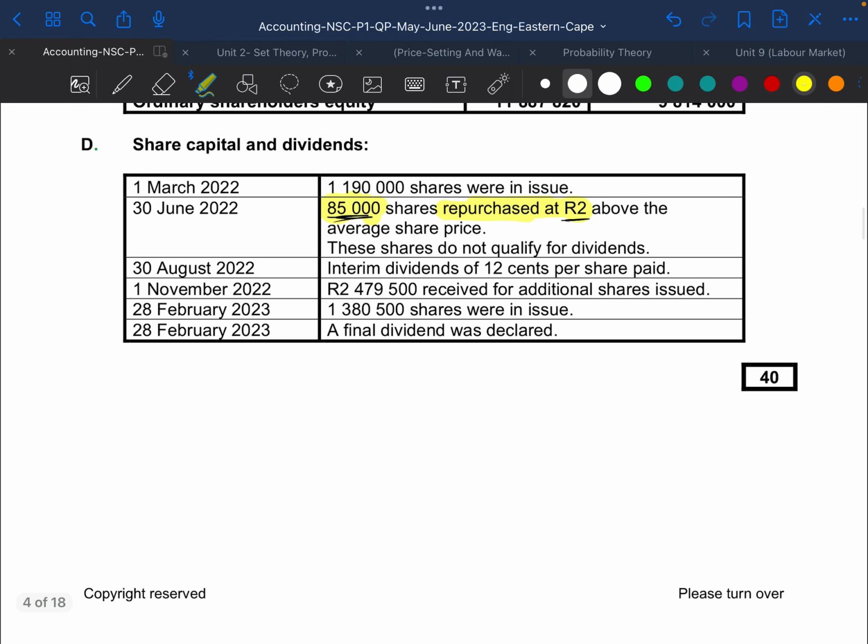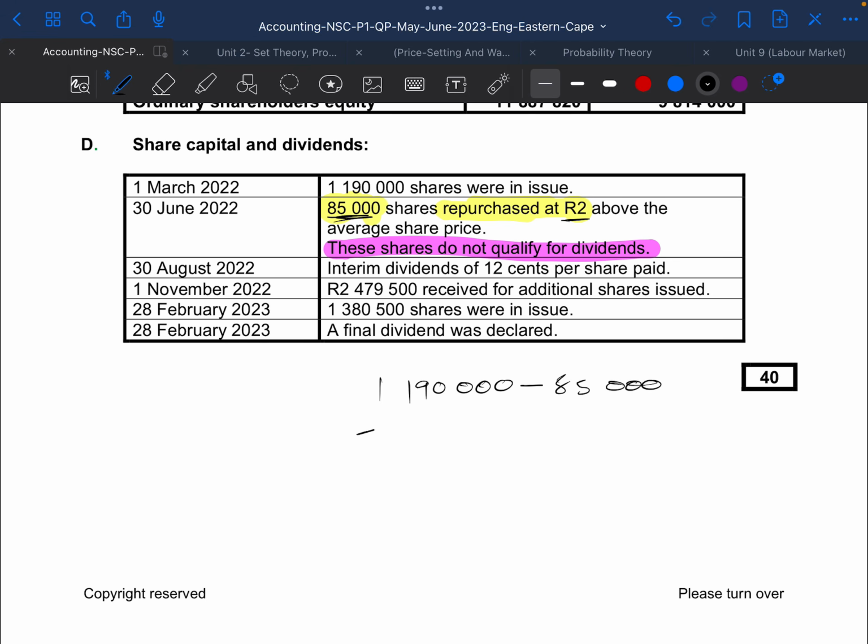Then our interim dividends. Just take note of this piece of information. These shares do not qualify for dividends. So that simply means when we declare dividends, we are going to declare dividends for how many shares? For 1,190,000 minus 85,000. Okay, so we are going to declare dividends for, just quickly calculate, 1,105,000 shares.